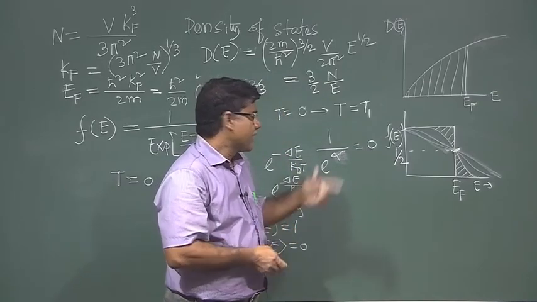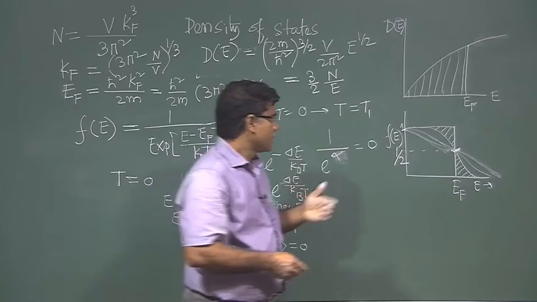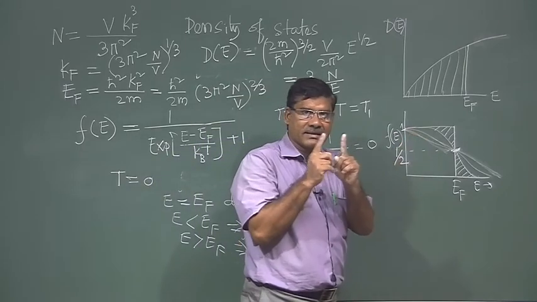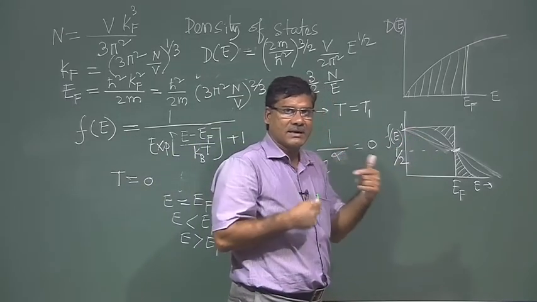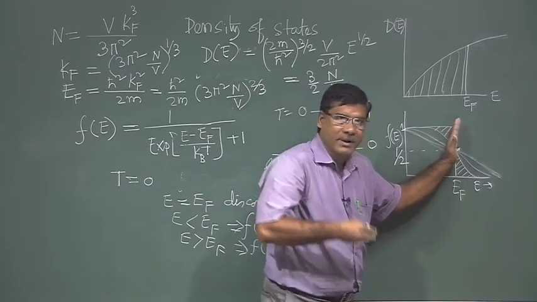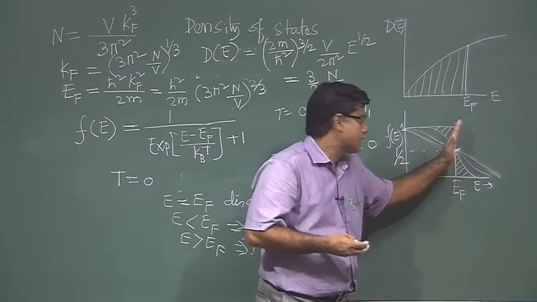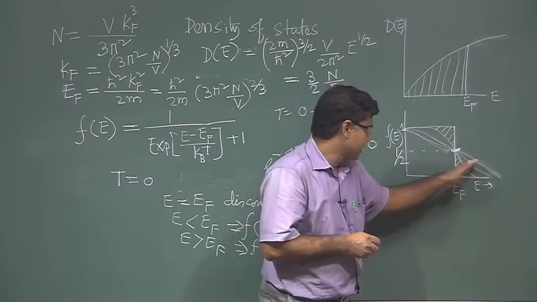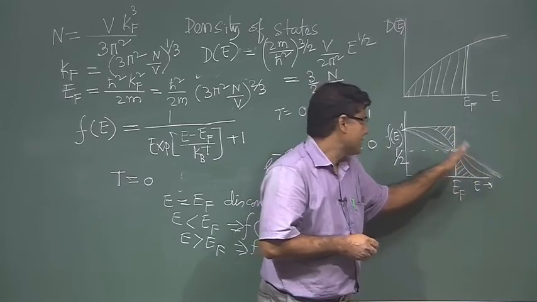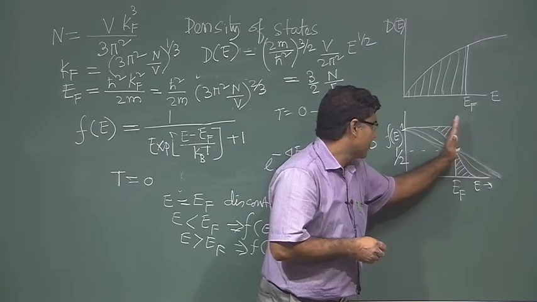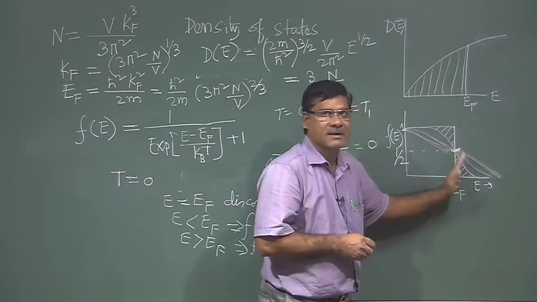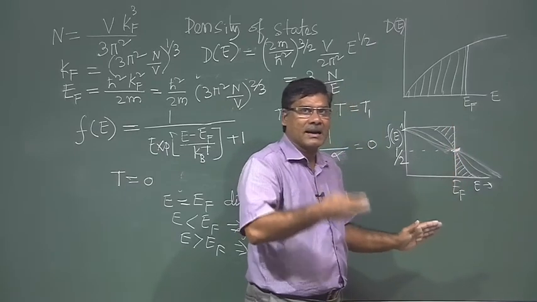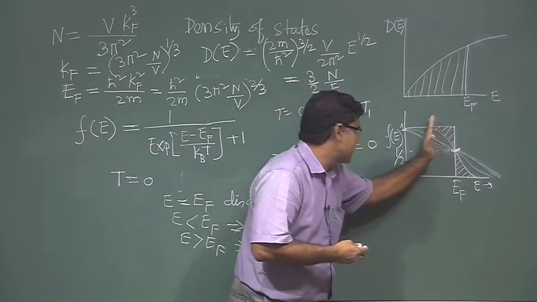Depending on temperature, what we are seeing is that when we increase the temperature, electrons go to the excited levels, from near the Fermi surface. So, as temperature gets higher and higher, it goes deeper and deeper.